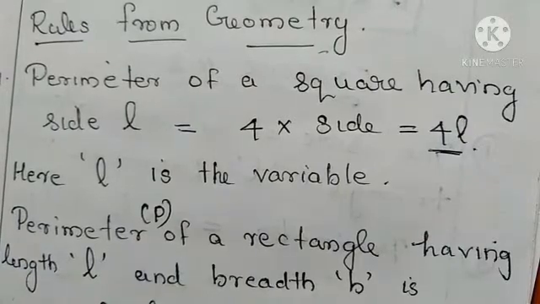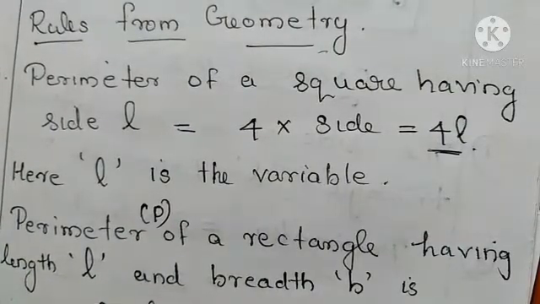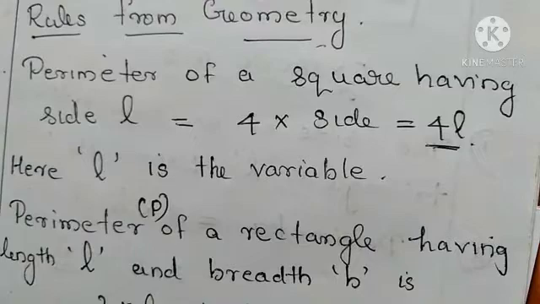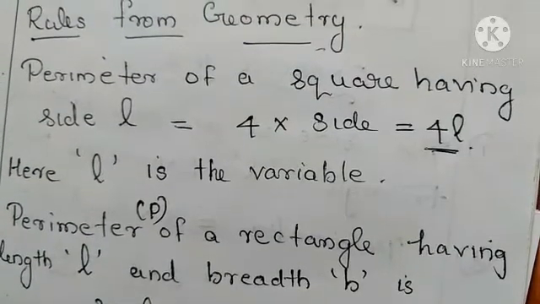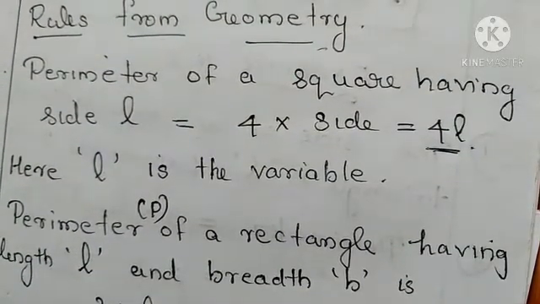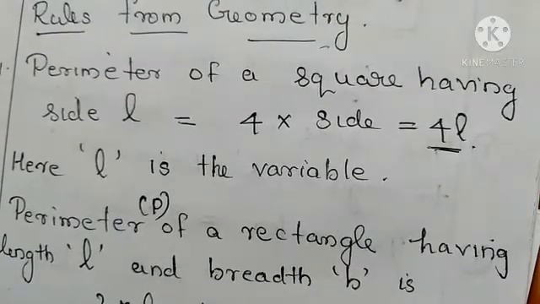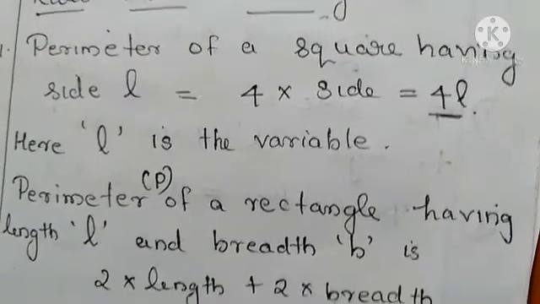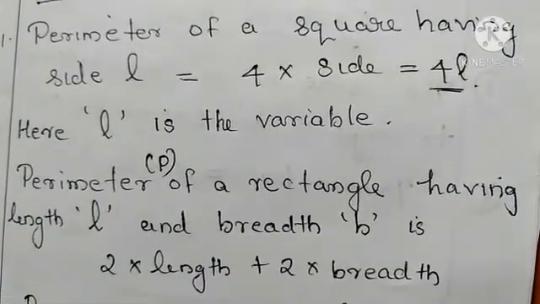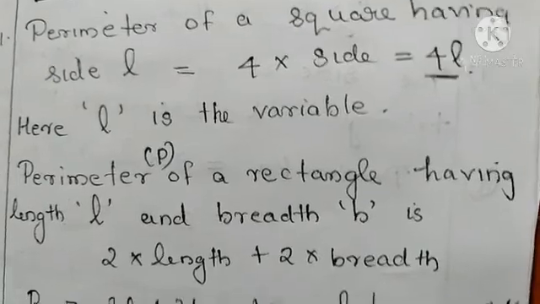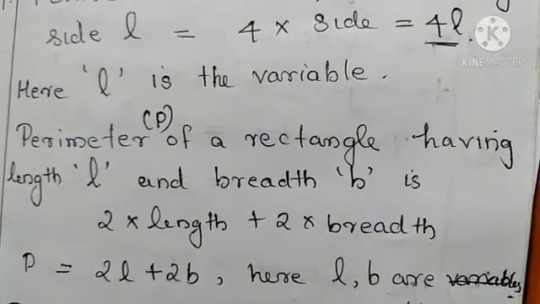Next, perimeter of a rectangle having length L and breadth B, what will it be? We know that there are 2 lengths and 2 breadths in a rectangle. So 2 into length plus 2 into breadth, that is 2 into L plus 2 into B. 2L plus 2B.